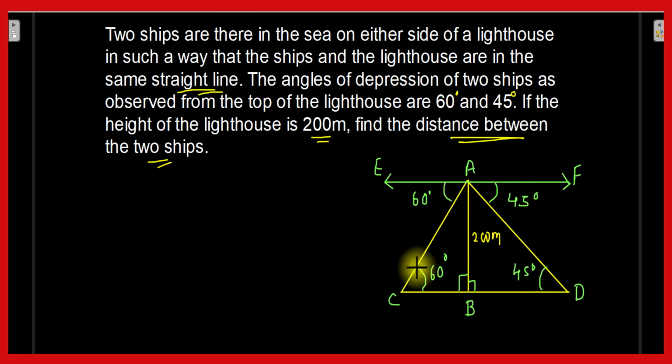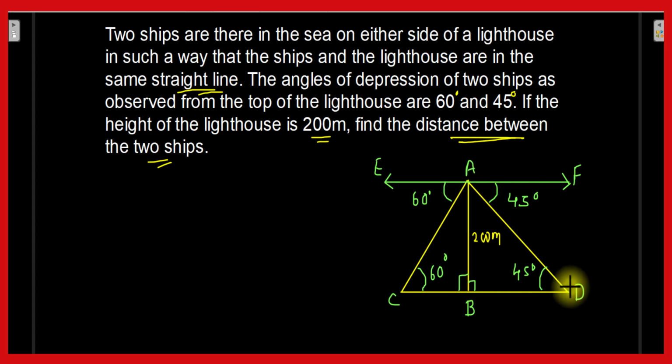Similarly, this angle is 60 degree, so this angle will also be 60 degree because these are alternate interior angles. Now here we get two triangles: this is the right angle triangle ABC, and another right angle triangle is ABD. We will use these two right triangles to find the distance between the two ships, meaning the distance between the point C and the point D.